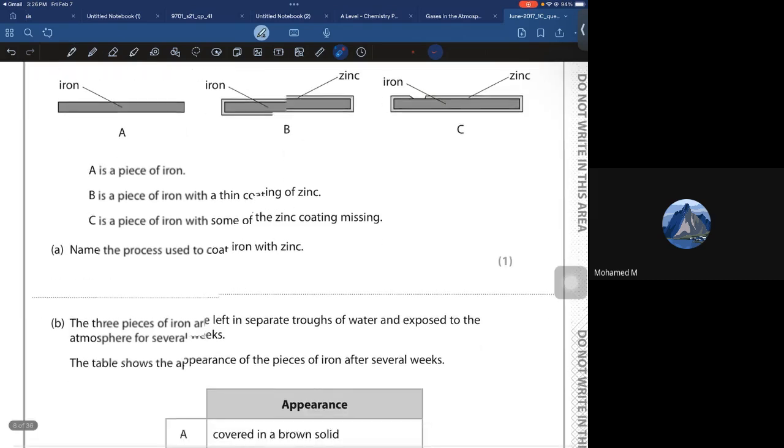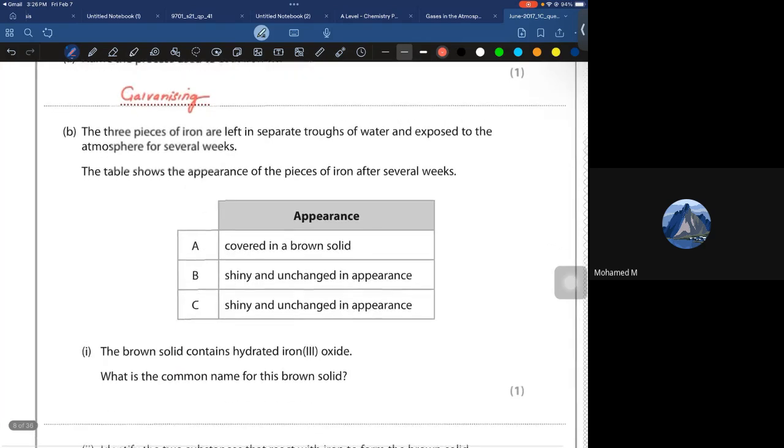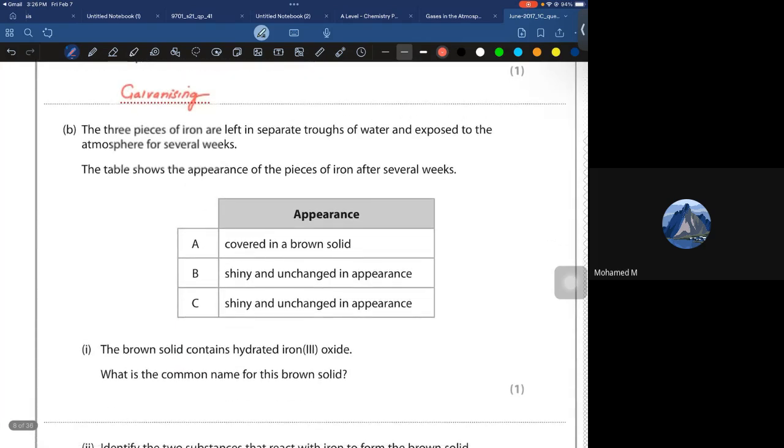If the coating is done with zinc, that process is known as galvanizing. Galvanization, exactly. The three pieces of iron are left in separate troughs of water and exposed to the atmosphere for several weeks.